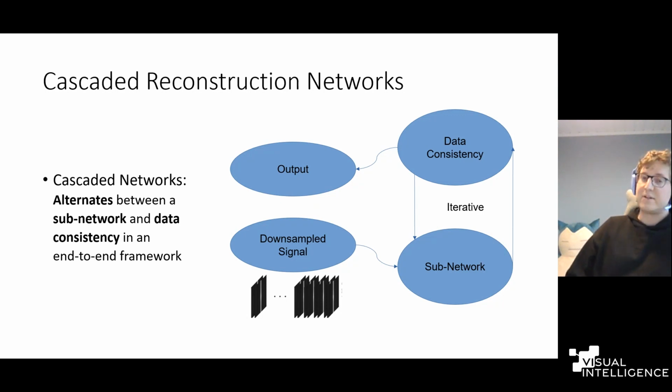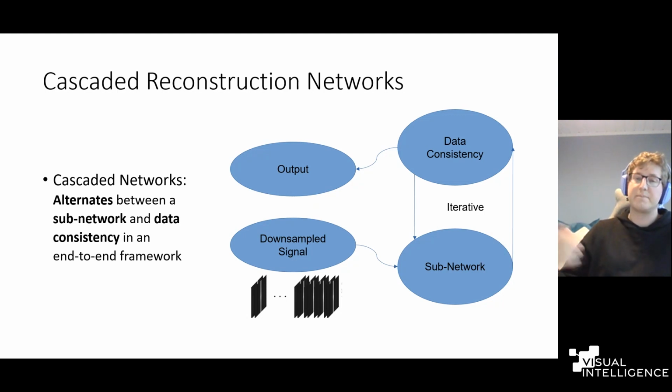The way this works is that you give it the downsampled signal, not the image itself, but the signal. So we give it the k-space where multiple lines or multiple data points are removed. And then you feed it into a network, similar to previously, a UNet or whatever you want, and it alternates between a subnetwork, so the UNet, and then data consistency, and then back to the subnetwork, data consistency, back and forth maybe like 10 times, maybe 20.